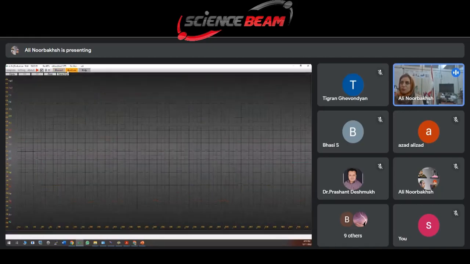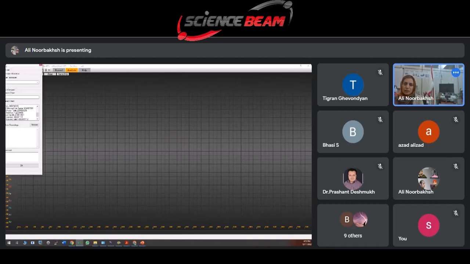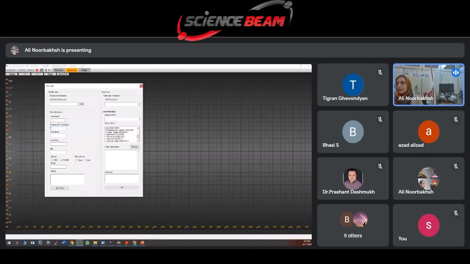After that, we should go to the analysis page and select the data, open, and again there is this page, and select the name of the client. We can see this record. You can see the time of the data.